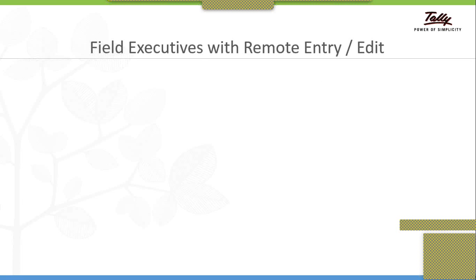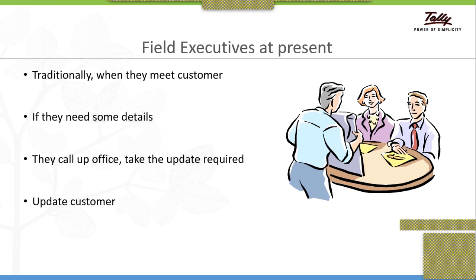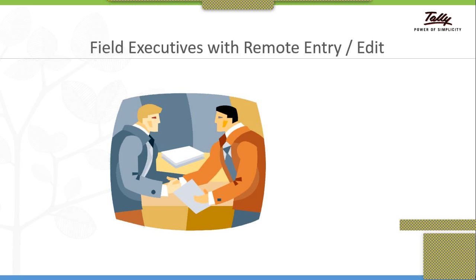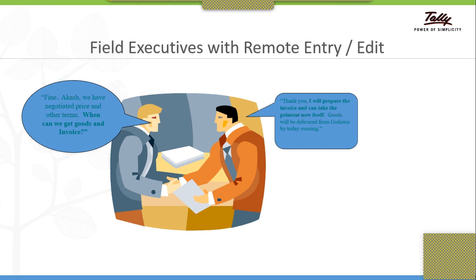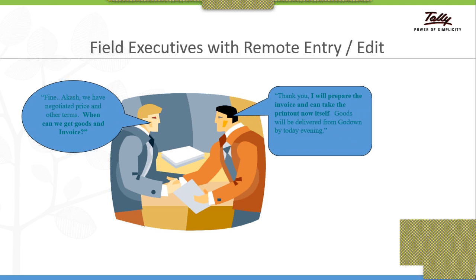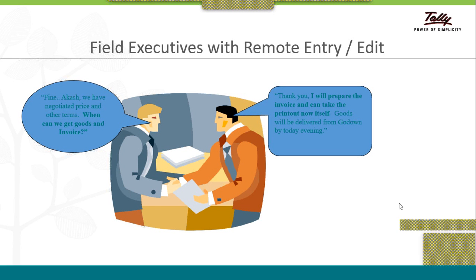With remote access capability, say there's a customer called Akash where there's a price negotiation for the goods and the invoice. The goods and the invoice can be printed from the customer location itself through the remote access capability.